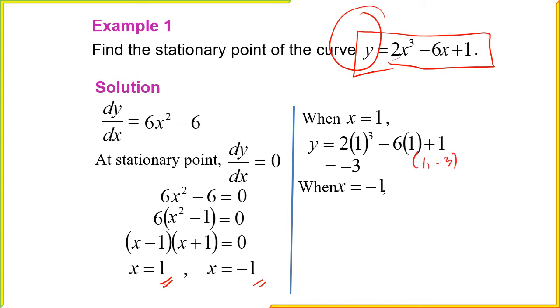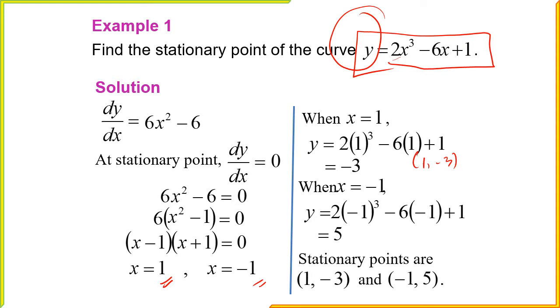And when x equal to negative 1, we have y equal to 2 of negative 1 to the power of 3 minus 6 of negative 1 plus 1, so y is equal to 5. So we have the point (negative 1, 5). So the stationary points of the curve are (1, negative 3) and (negative 1, 5).